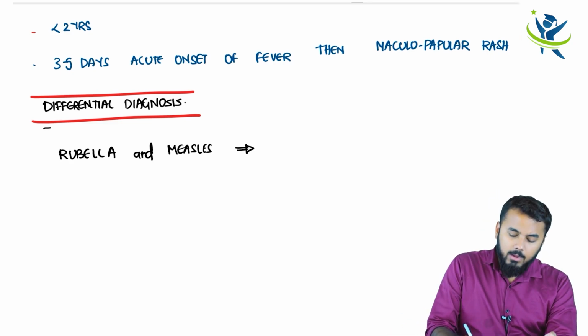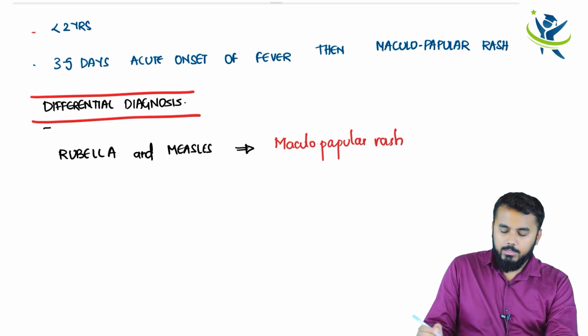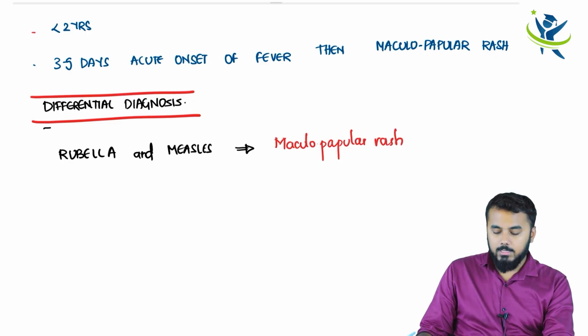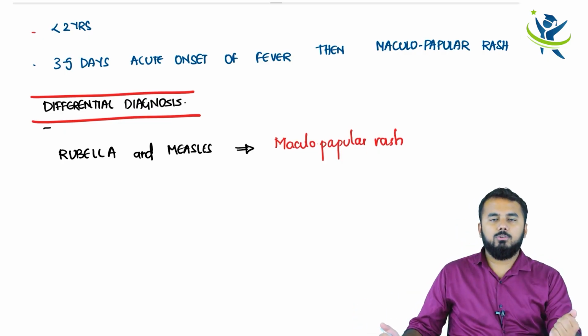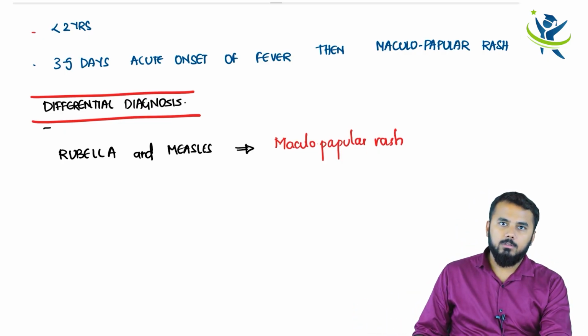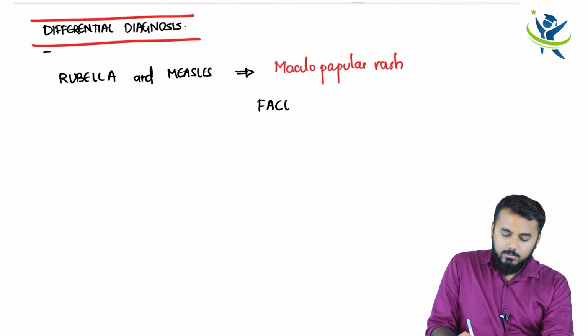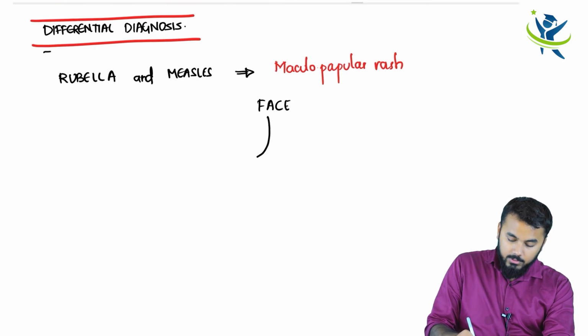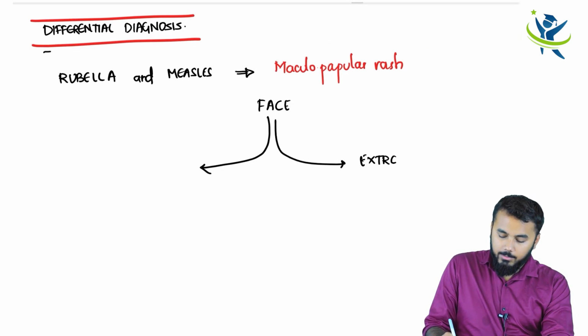Obviously there will be a maculopapular rash in both, but this maculopapular rash first starts on the face and then it spreads down to the trunk as well as the extremities.